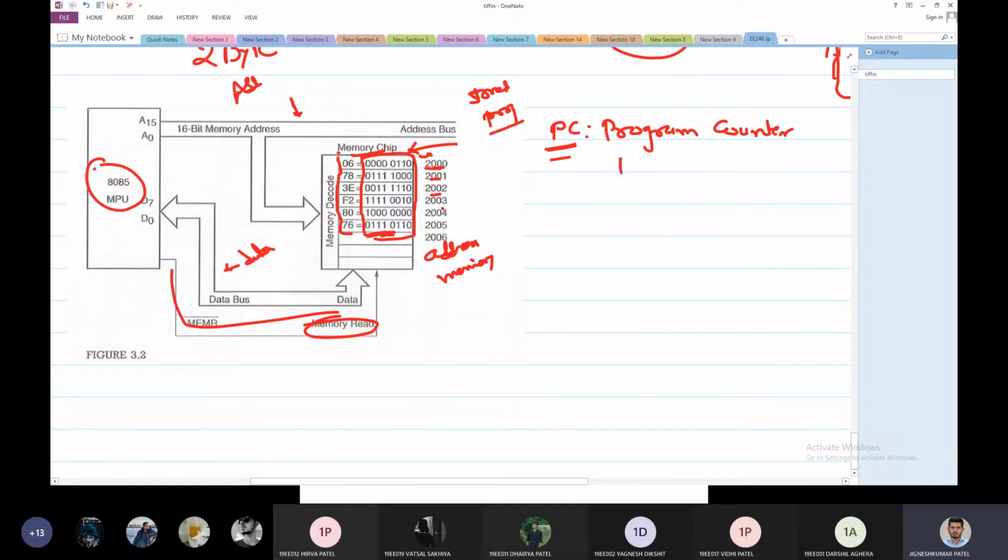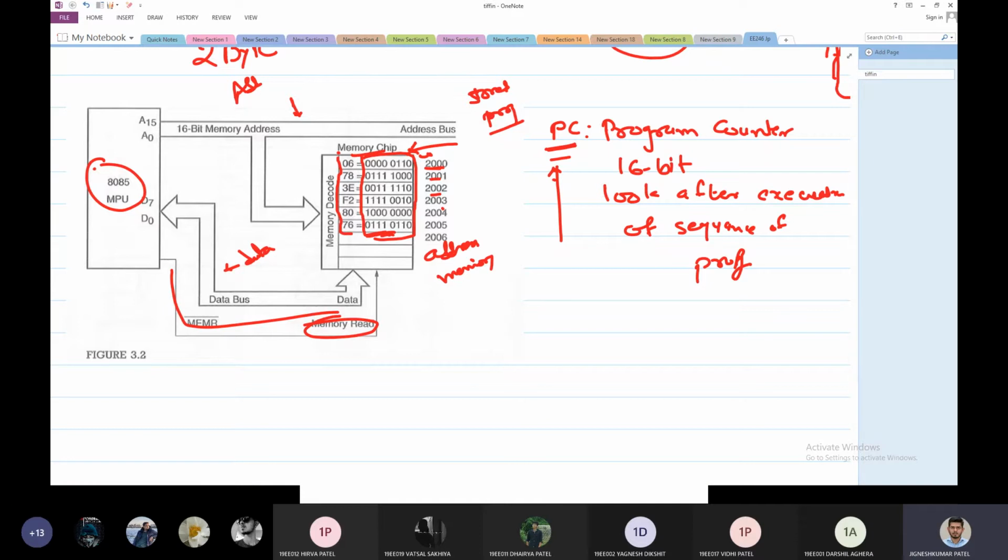A program counter is a 16-bit register which will look after the execution sequence of your program. So basically this is the register which will handle which line of code, what would be the next line of code, has to be executed.